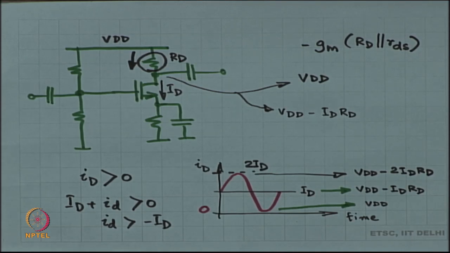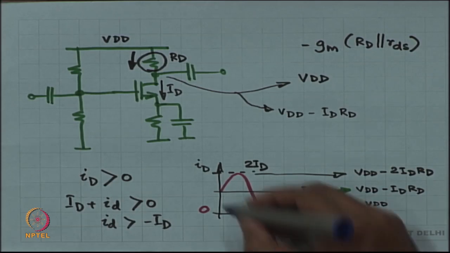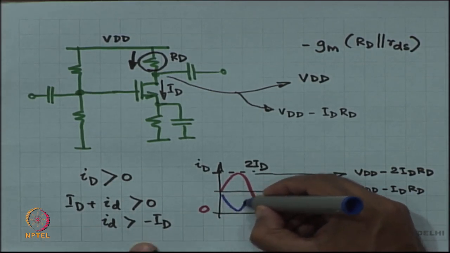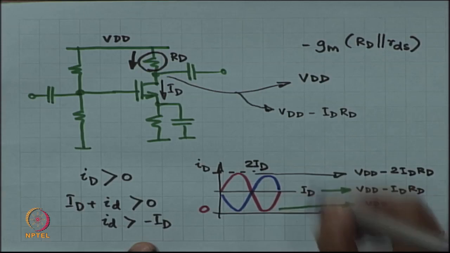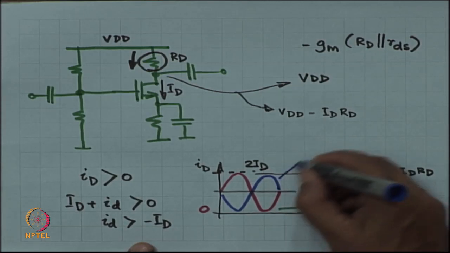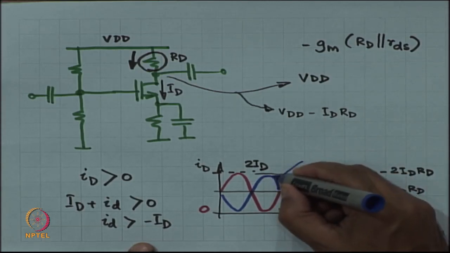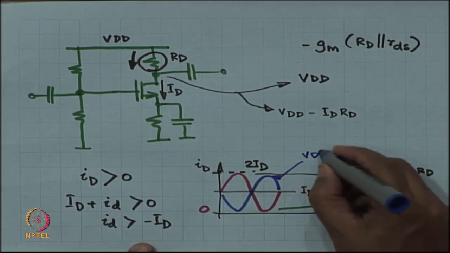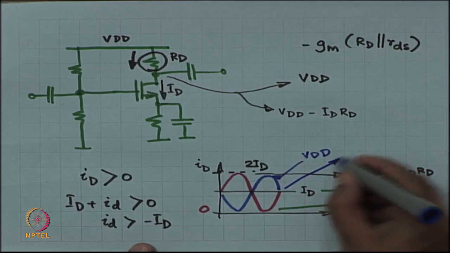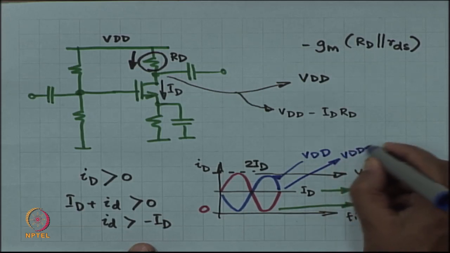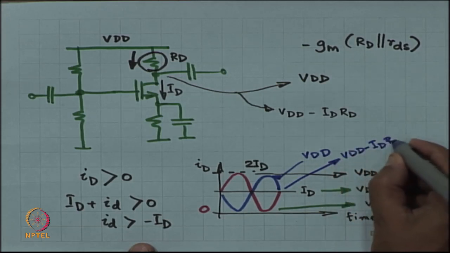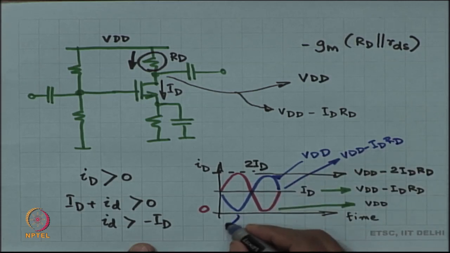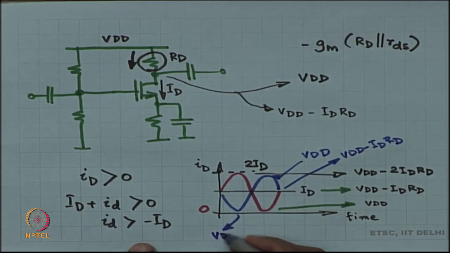Okay. So, if you ask me to draw a waveform for the drain voltage, it is going to look like this. This peak is at VDD, the nominal value is VDD minus ID RD, and the lowest value, the trough, is at VDD minus 2 ID RD.